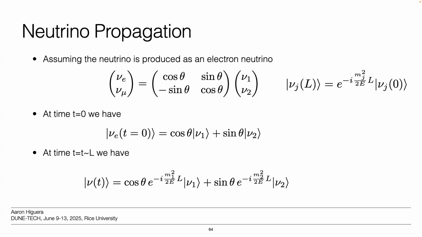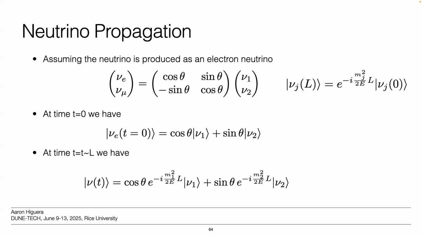Now, at time 0, remember from our approximation, this is if you assume that we have an electron neutrino. The electron neutrino is just this row multiplied by this column, just a 2 by 2 matrix multiplication, pretty straightforward. So this is the state that we assume at the source.